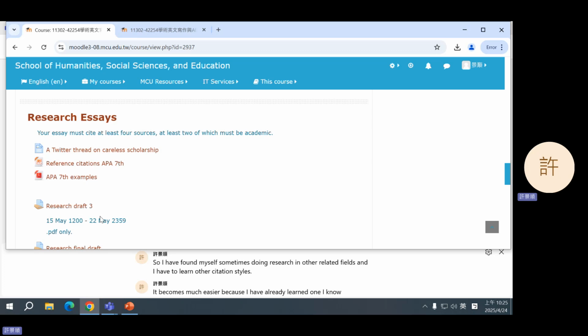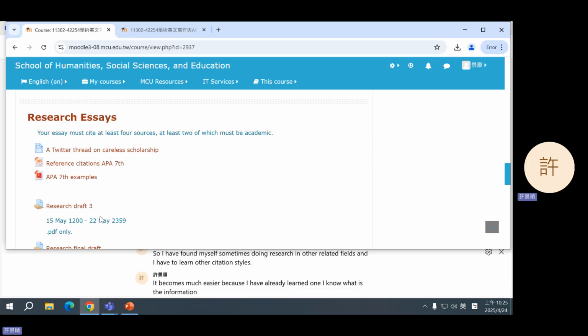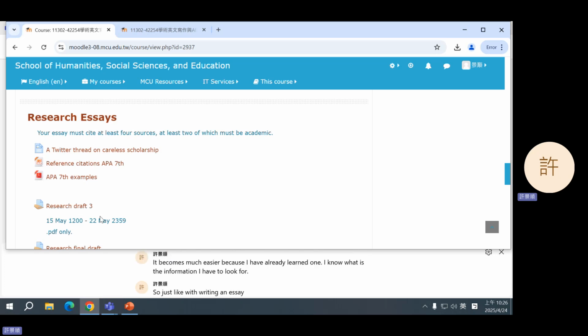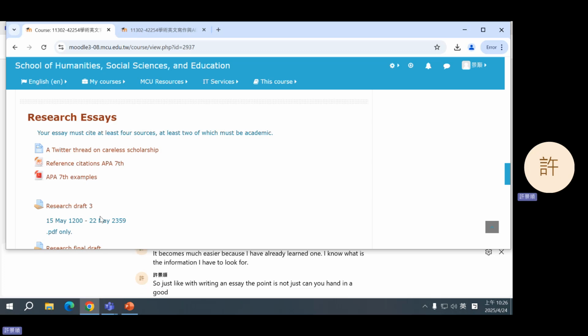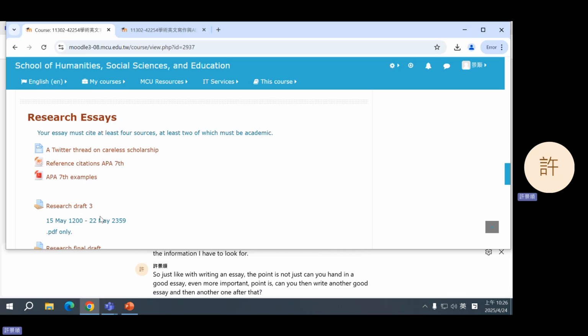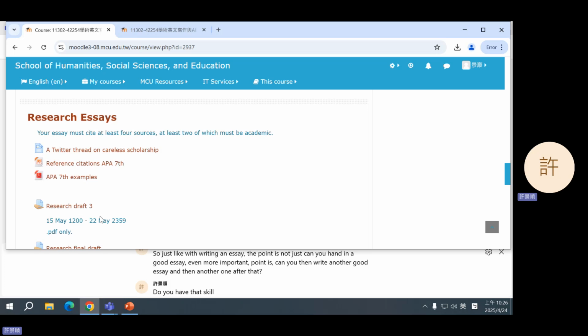I know what is the information I have to look for. So just like with writing an essay, the point is not just can you hand in a good essay. The even more important point is, can you then write another good essay? And then another one after that. Do you have that skill? Okay, questions so far?